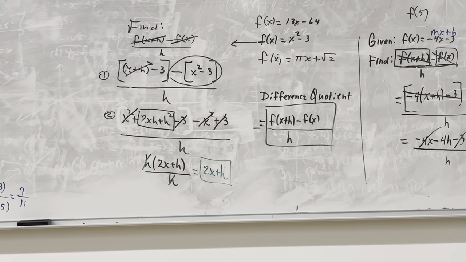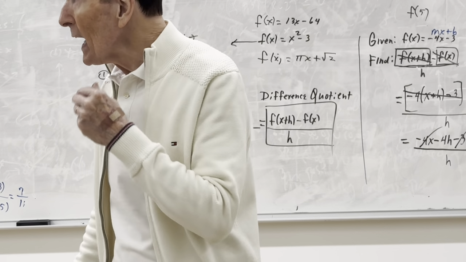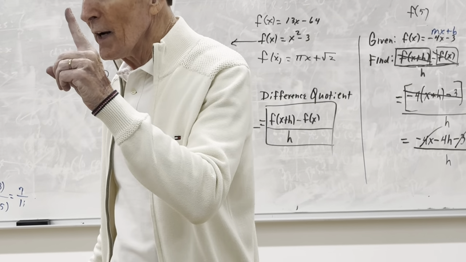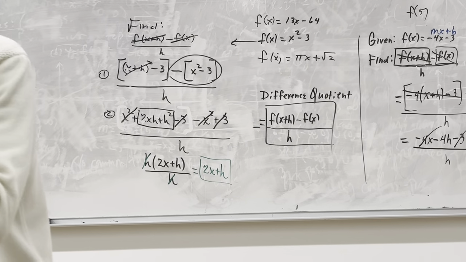In my case, that'd be 2x if I let h be 0. There's a reason why they let h be 0 in calculus, but you have to wait till you get there to see why. Guys, okay? Now, can these get lengthy? They can get lengthy. I have one of these on the test Wednesday. It's called the difference quotient. Here goes.